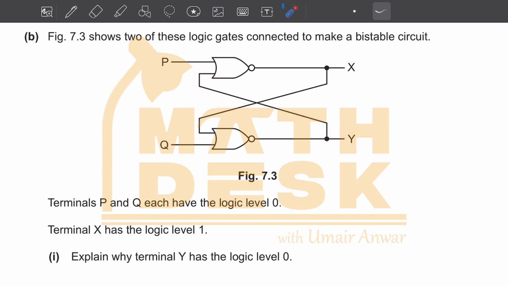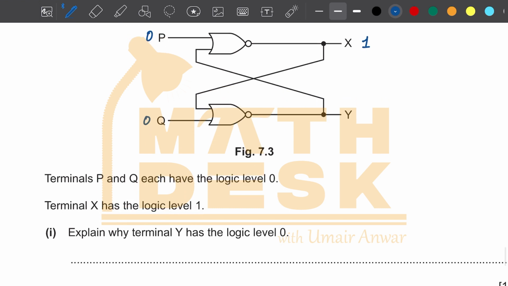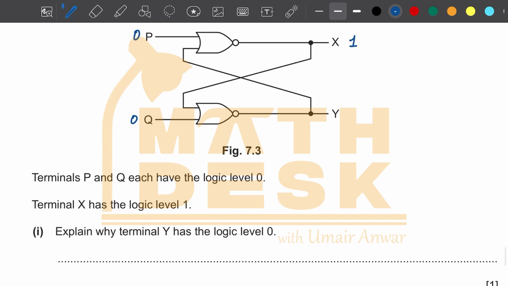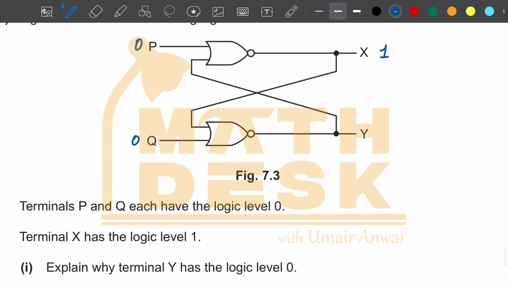Terminals P and Q each have logic level 0. So we have a logic level 0 here and here. Terminal X has the logic level 1. So we have 1 over here. Explain why the terminal Y has the logic level 0. So it is 0 because when Y becomes 0 and it becomes an input to the upper NOR gate, the output would become 1.